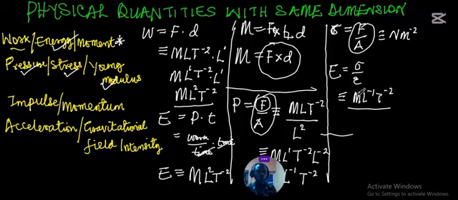Now the dimension for strain is 1. I will show that in our next video. So automatically the dimension for Young modulus is the same as that of pressure and stress.